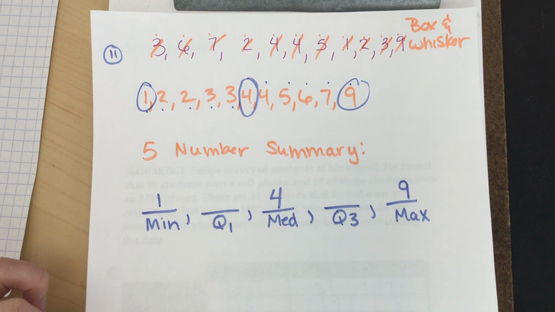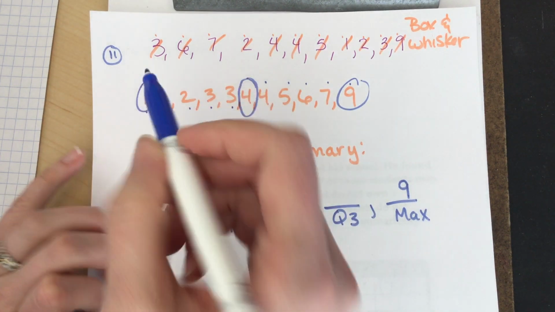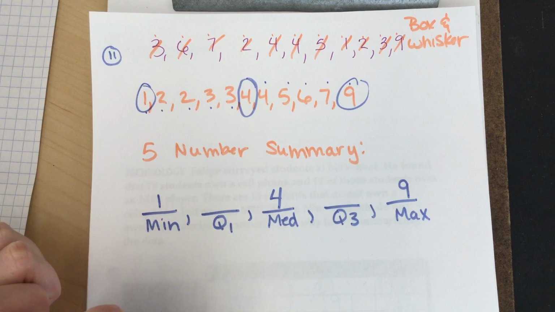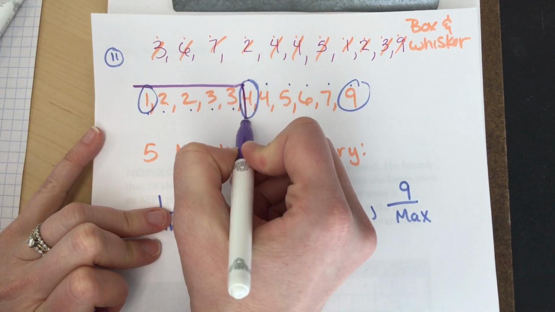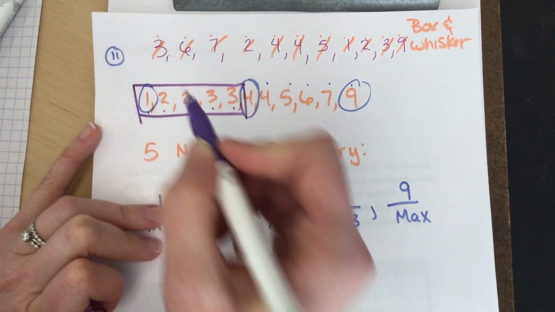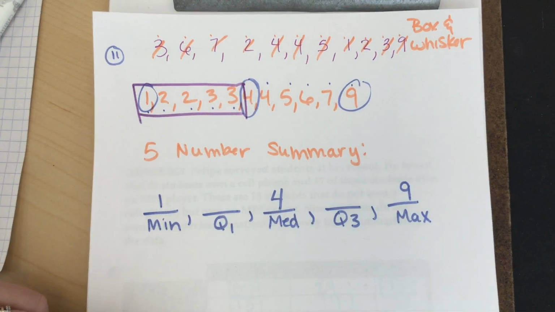Okay, the next part is we are just going to look at our first half of the data. Our first half of the data are these first 5 numbers right here.